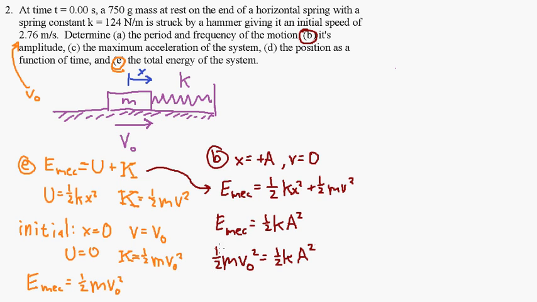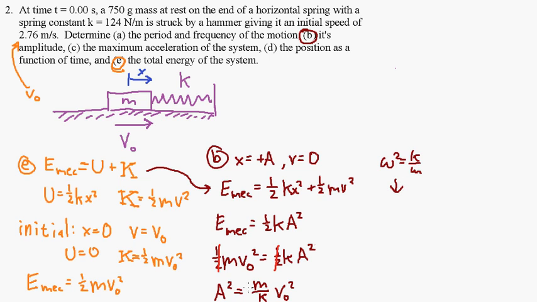And then, since we wanted the amplitude, A squared equals m over k times v naught squared. And m over k, you might recall from previously, is related to omega squared equals k over m, right?